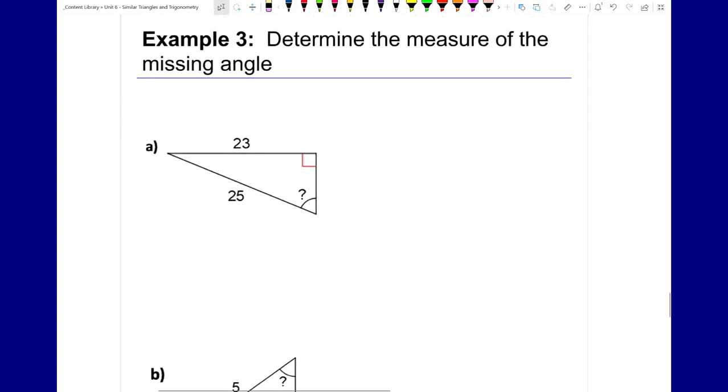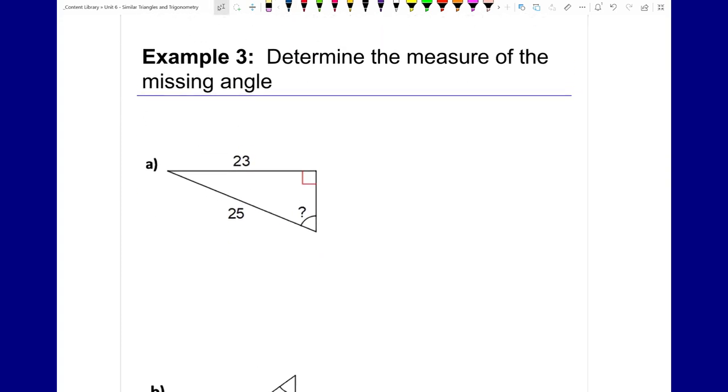Let's just do two examples where we're trying to find the angle from a triangle. So in this case, we have our unknown angle. That is going to be our reference angle. We still have 90 degrees, so we can label our hypotenuse. We can label our opposite because it's across from our reference angle, or theta, and then we have our adjacent. So again, we're dealing with our opposite and our hypotenuse, which is sine. Sine theta equals O/H.